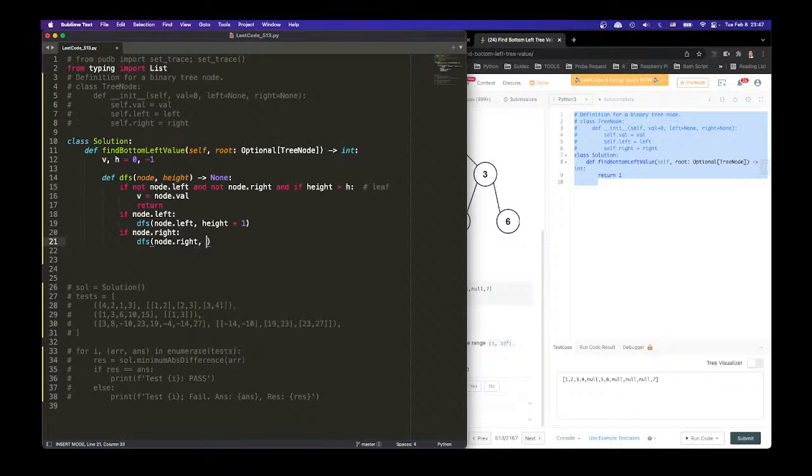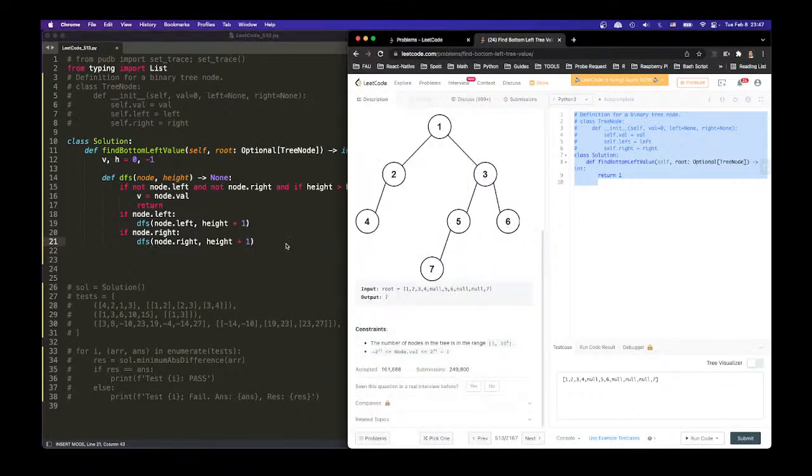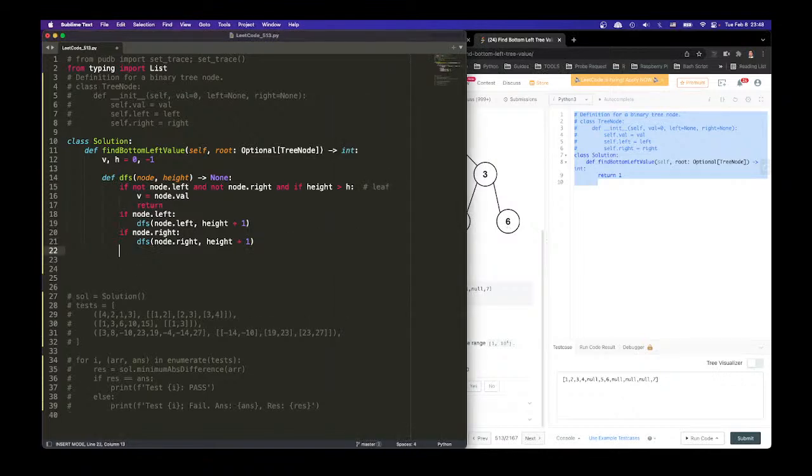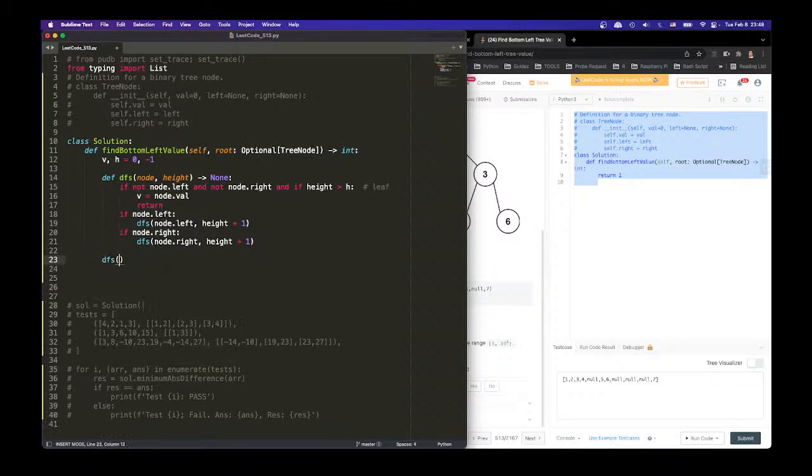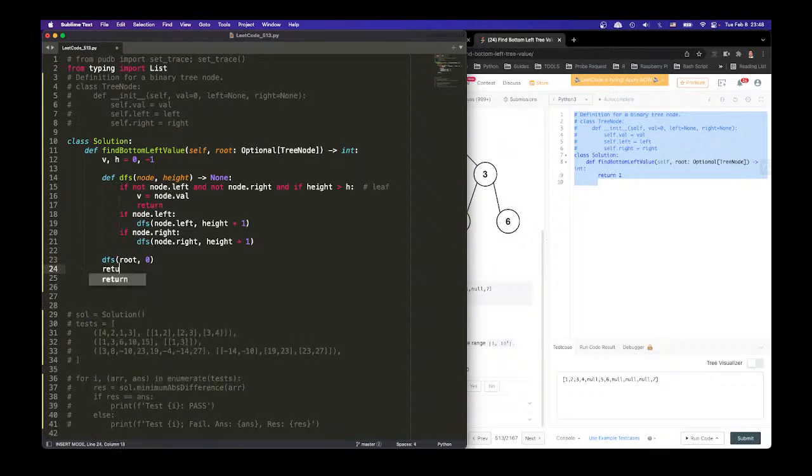We visit the root first, then we go left, we go right. It's actually fine. Okay, and then we run dfs with root, height 0, and return v.